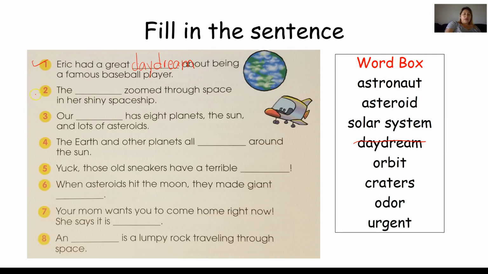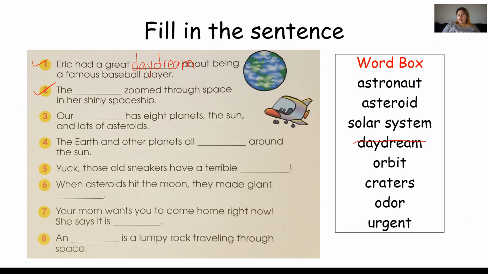All right, we are going to move right along to number 2. The blank zoomed through space in her shiny spaceship. Okay, so what could that be, boys and girls?